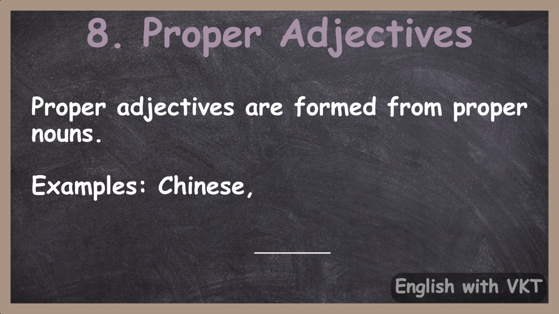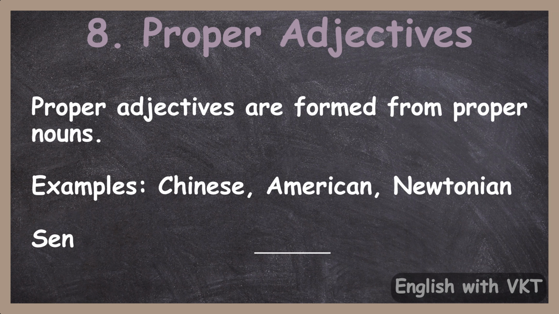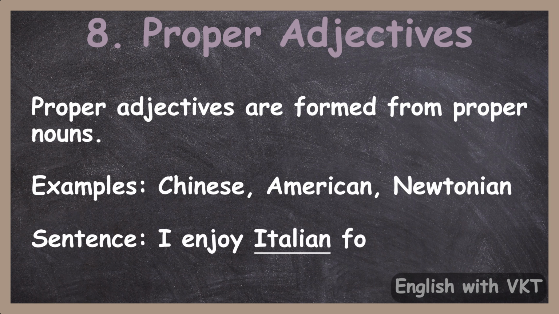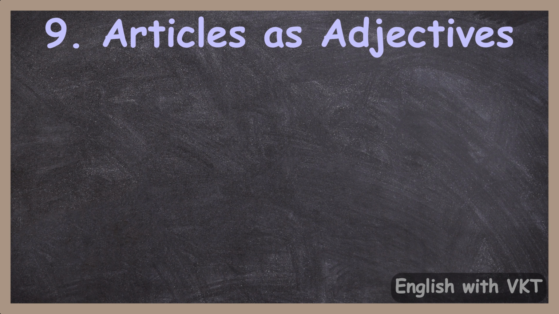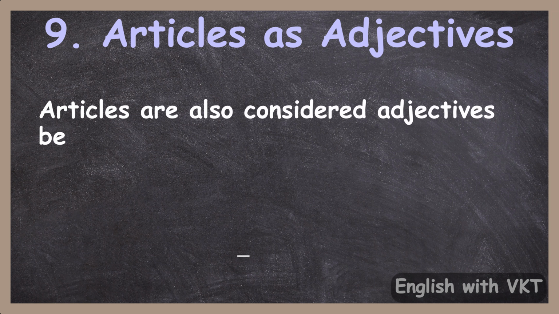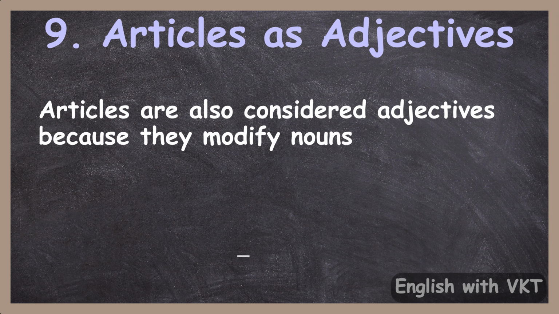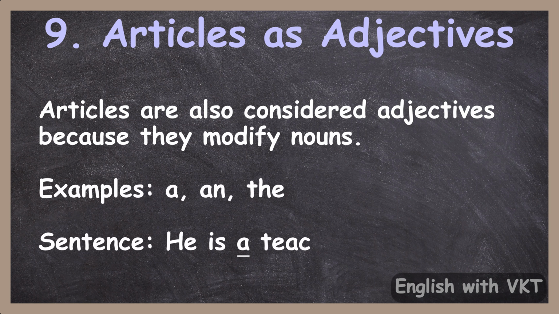Examples: Chinese, American, Newtonian. Sentence: I enjoy Italian food. 9. Articles as adjectives. Articles are also considered adjectives because they modify nouns. Examples: the. Sentence: he is a teacher.